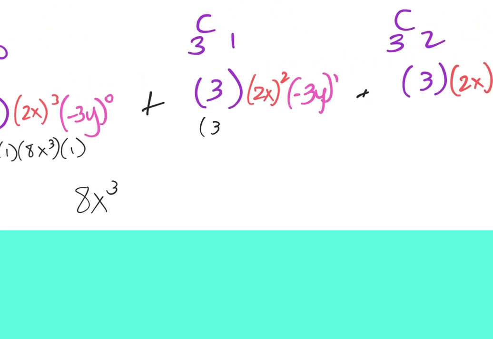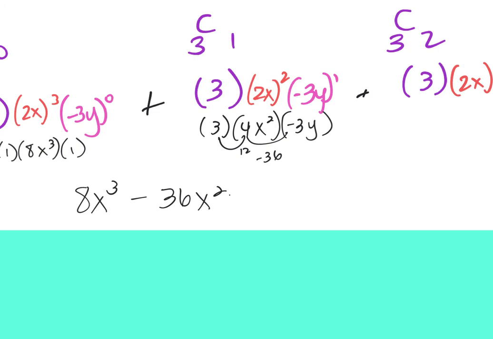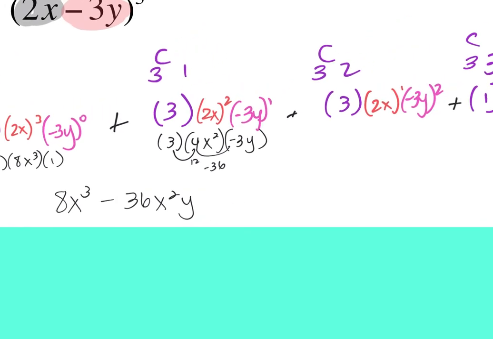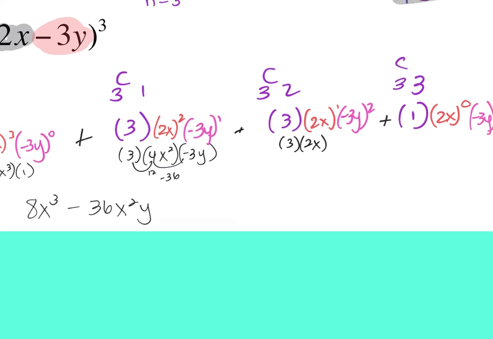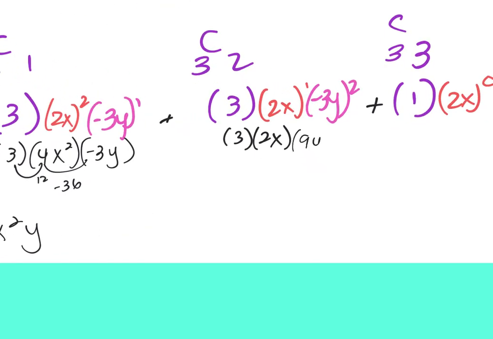Second one, 3, 2x squared is 4x squared, and then negative 3y. Multiply out all your coefficients. So this is 12 times negative 3, that's negative 36. And the x squared y goes next. Then this is 3, 2x to the first, which stays as 2x. This would be 9y squared.